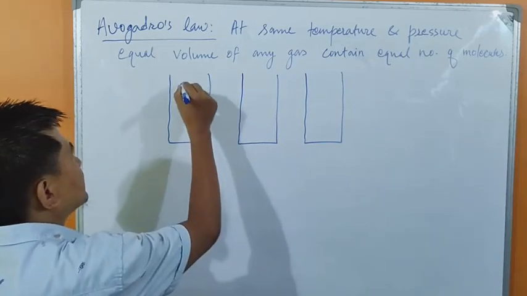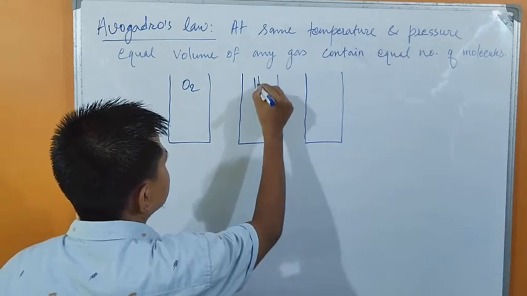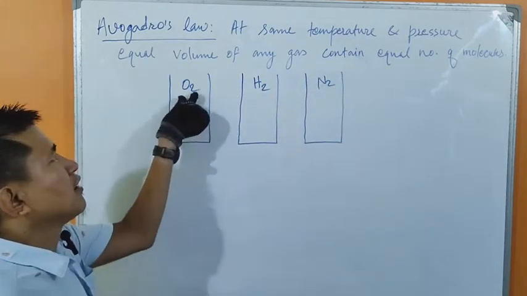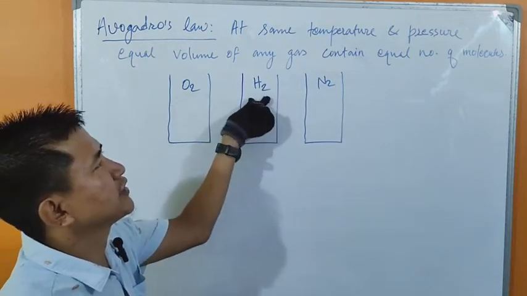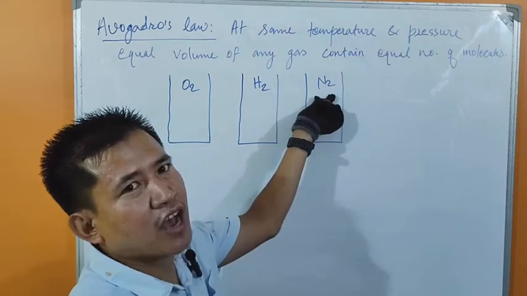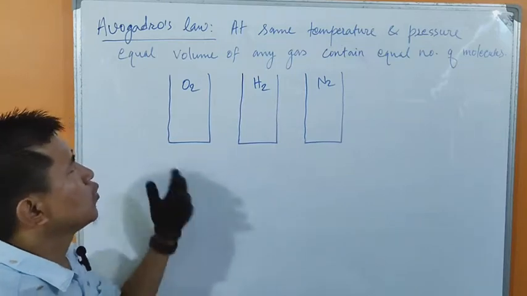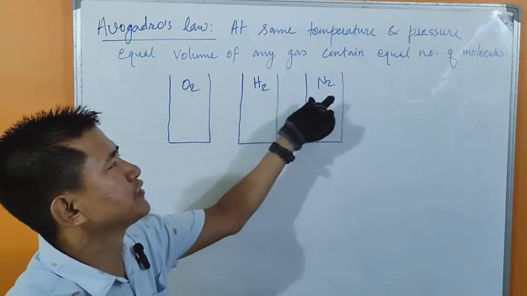Suppose this cylinder contains oxygen, this cylinder contains hydrogen, and this cylinder contains nitrogen. I am just writing for example. You can say this cylinder contains methane, helium, or argon, or whatever the gas, sulfur dioxide, carbon dioxide. I am just taking oxygen, hydrogen, and nitrogen as examples.